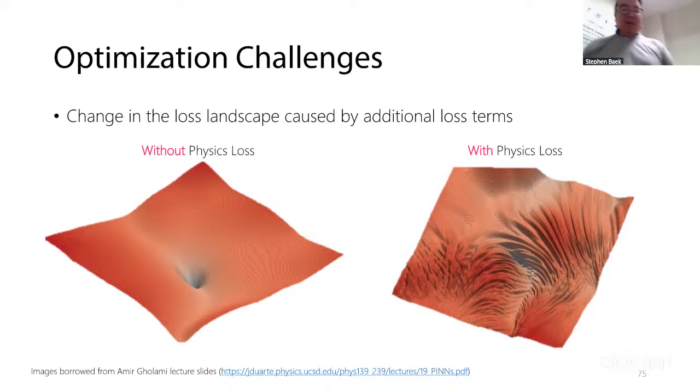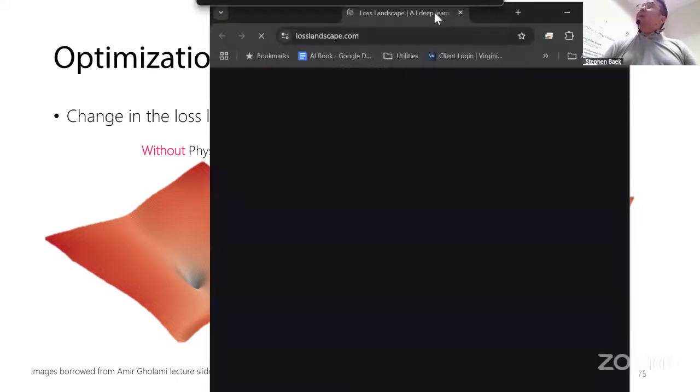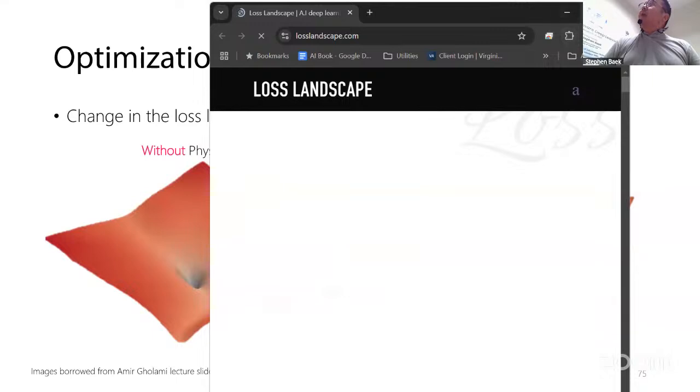This beautiful visualization is done through a really nice mathematical method. And here, let me show you a website called lostlandscape.com.